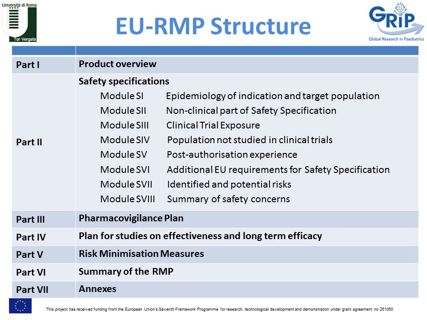It's subdivided into 8 modules that provide information on the epidemiology of the disease, the non-clinical studies that have been performed, the clinical trials that have been performed, the population that has not been studied in the clinical trials, and also some post-authorization experience if the product is already authorized in another country outside of the EU. All this information will lead to the identification of risk.